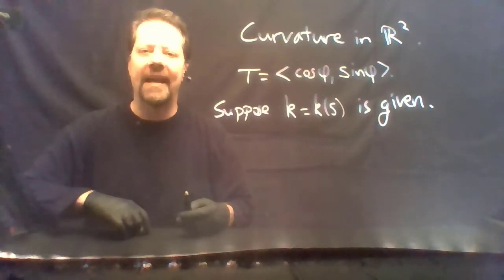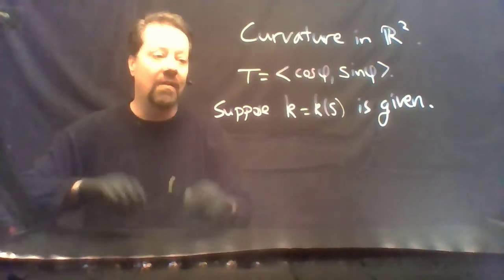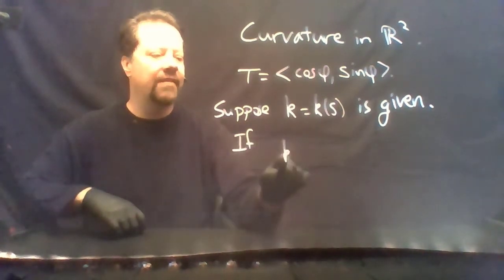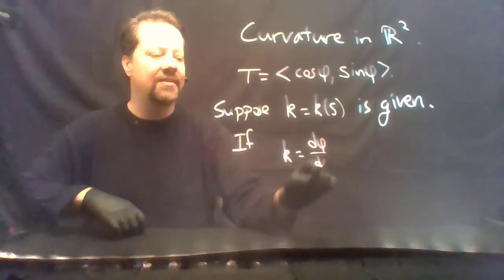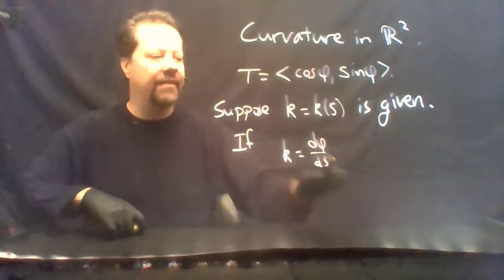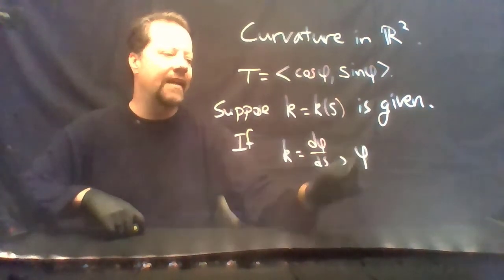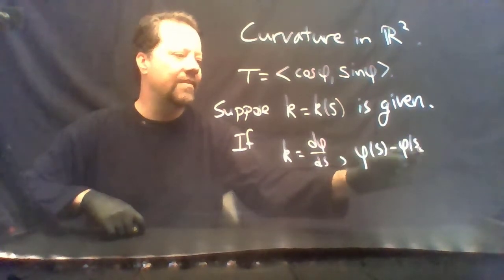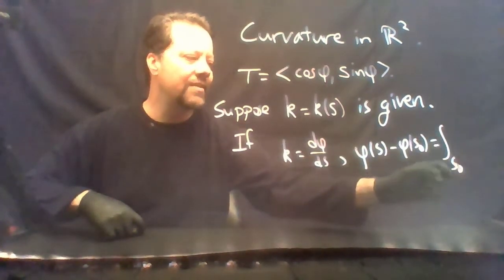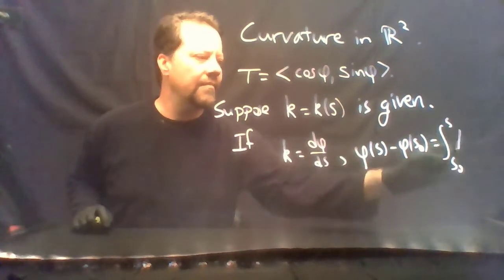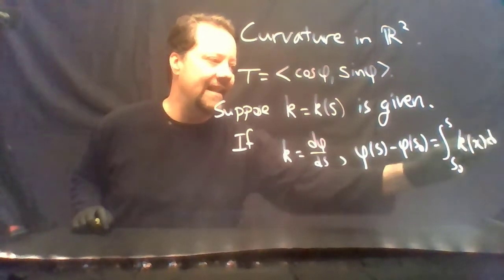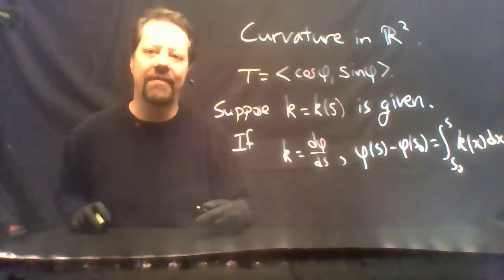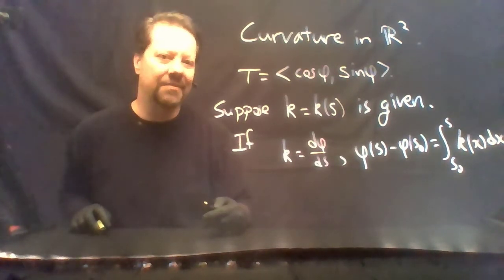We know the curvature at every single point, and let's suppose that's all we know about the curve. If the curvature is d phi ds, the alternative definition that we've given, then we can calculate phi as follows. Phi of s minus phi of s naught is equal to the integral from s naught to s of the curvature, let's say kappa of x dx, just using a dummy variable x. It gets integrated out and we end up with a function of s after we evaluate the definite integral.